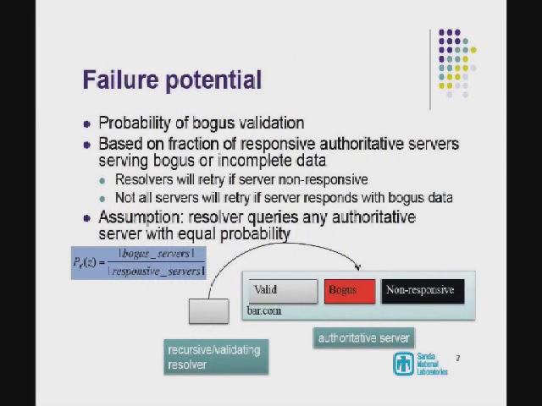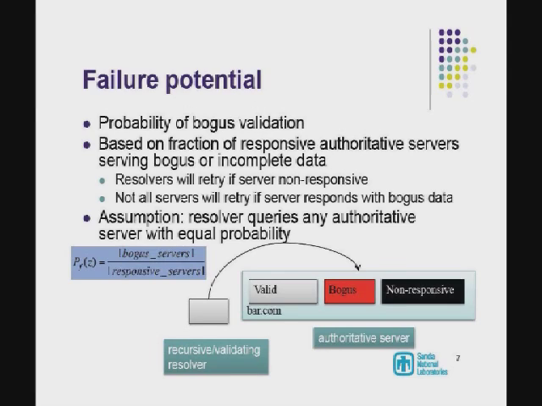Okay, so one of the interesting things about failure with regard to DNSSEC misconfiguration is that it's really not cut and dry. It's not always a 0-1 type thing. Particularly in our early deployment, and part of this is because of the way we deployed things, we would see cases where a valid chain existed, but there were also problems with a particular deployment on only some of the servers.